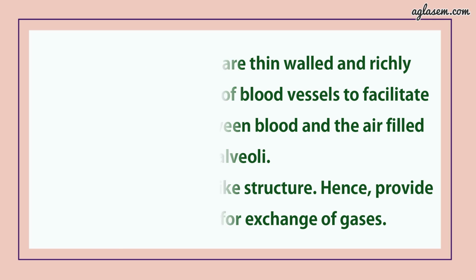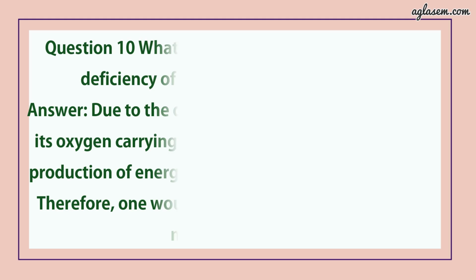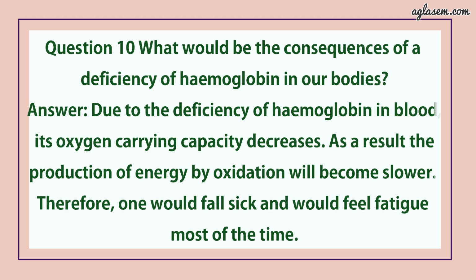Now, question number 10 says, what would be the consequences of deficiency of hemoglobin in our body? Answer is, due to the deficiency of hemoglobin in blood, its oxygen carrying capacity decreases, and as a result, the production of energy by oxidation will become slower. Therefore, one would fall sick and would feel fatigue most of the time.